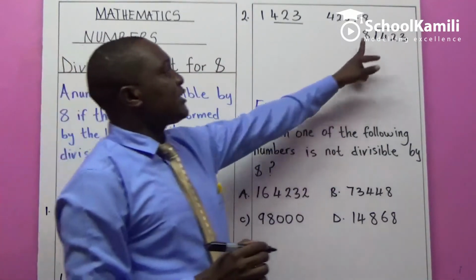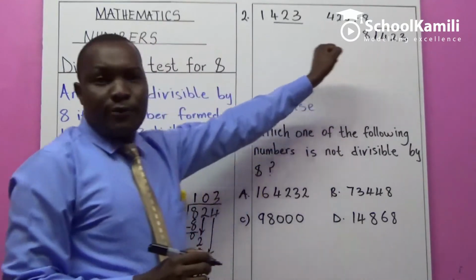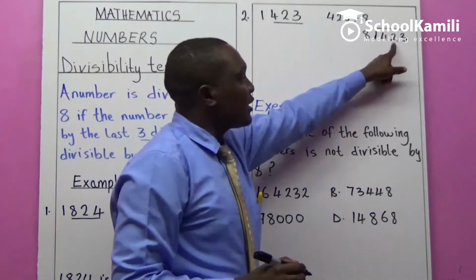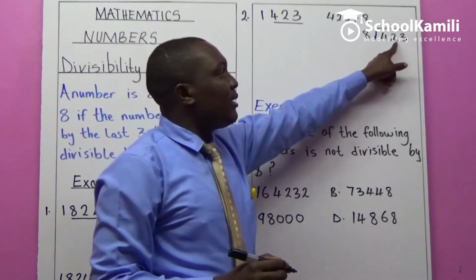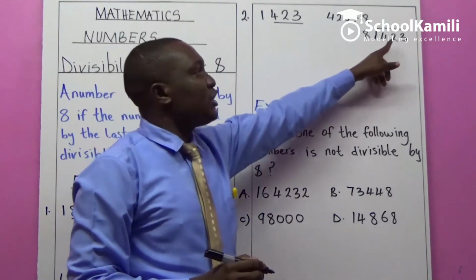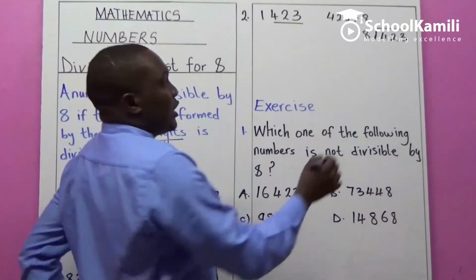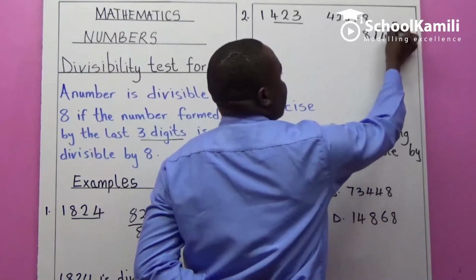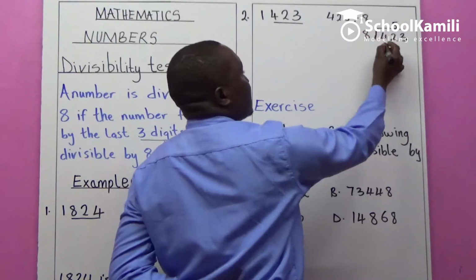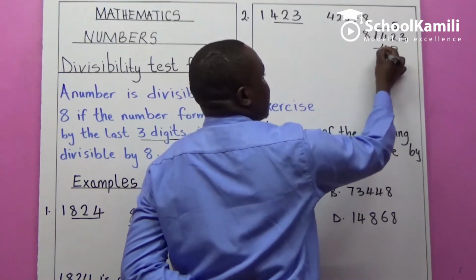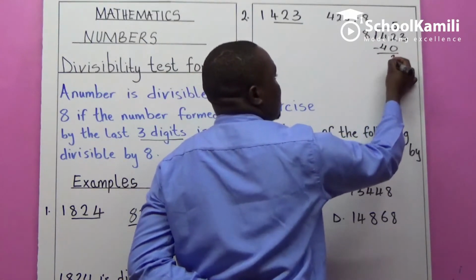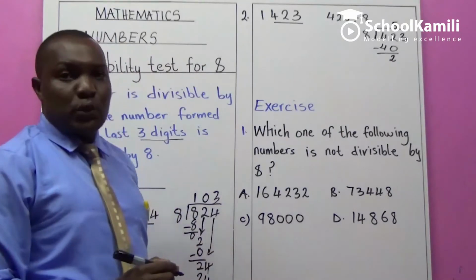This 8 cannot go into 4. You move to the number formed by the first 2 digits, that's 42. 8 goes into 42 how many times? We have 5 times. That 5 multiplied by 8, you get 40. Then you subtract from 42, you remain with 2.